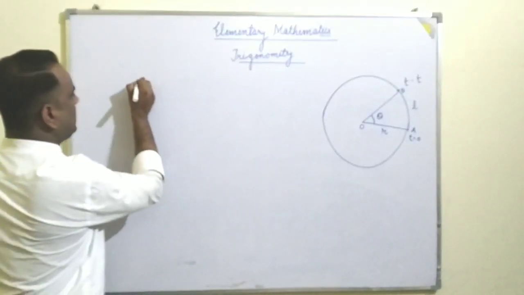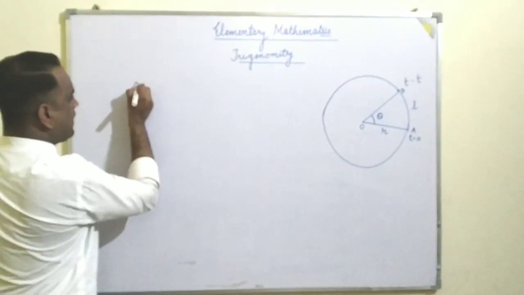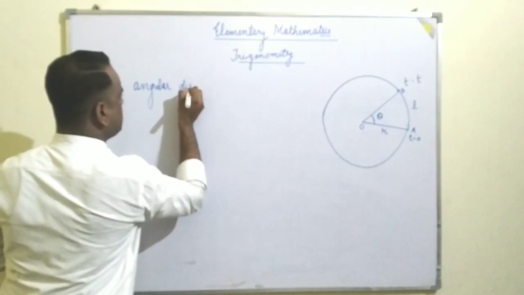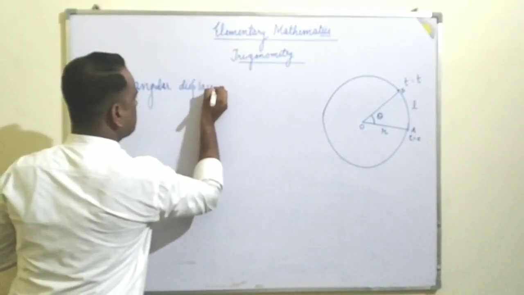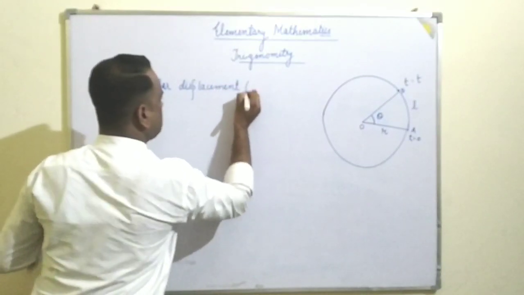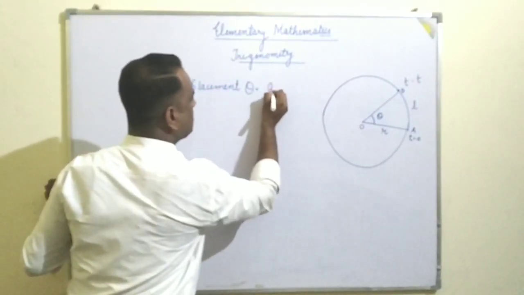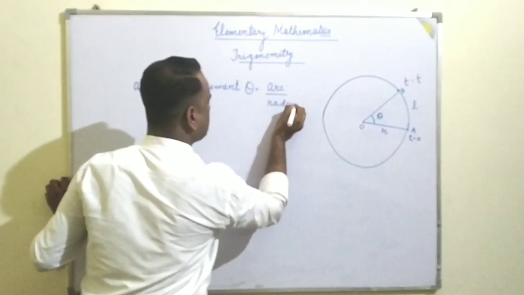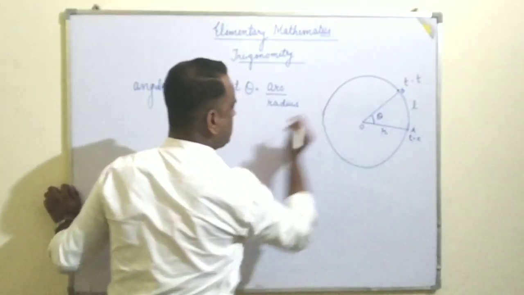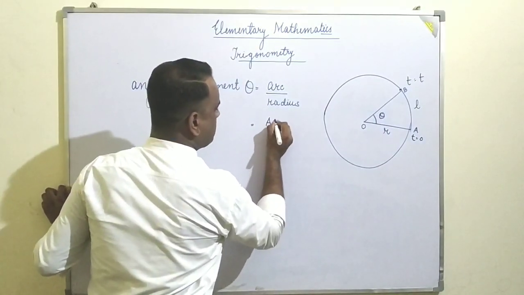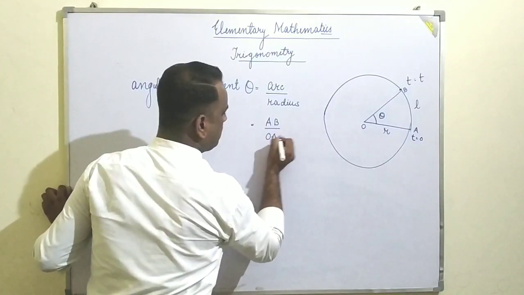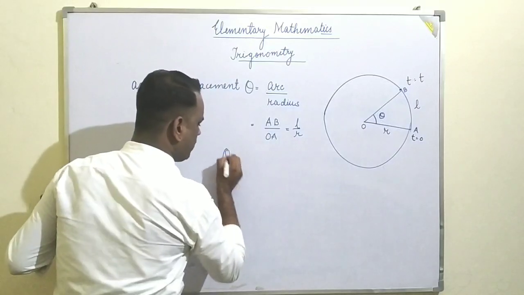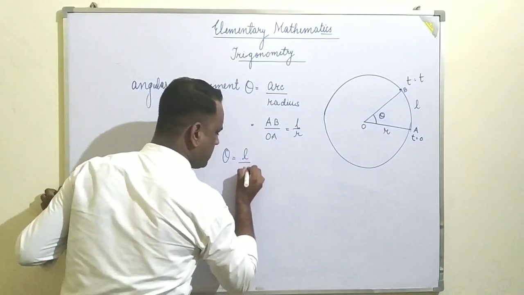From here we can write that the angular displacement theta is equal to arc upon radius. Arc is AB and radius is OA, so we can write L upon R. Here we have obtained theta is equal to L by R.